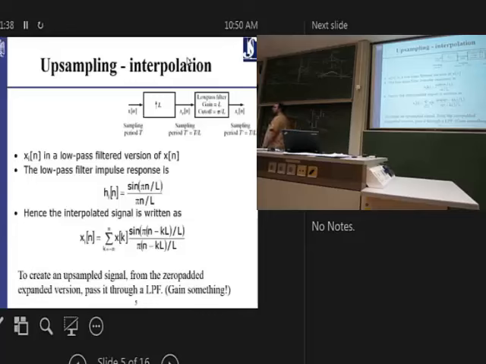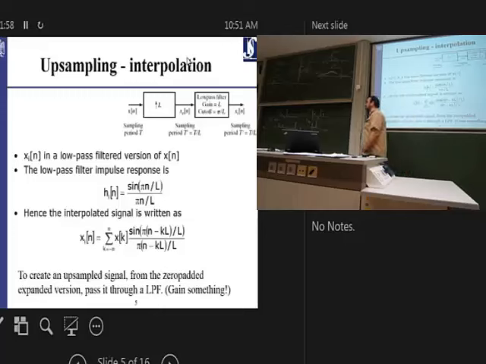So that compresses the bandwidth in the frequency domain, but it will not give you any more information unless you do this filtering, I mean the post-filtering, which is a kind of smoother.